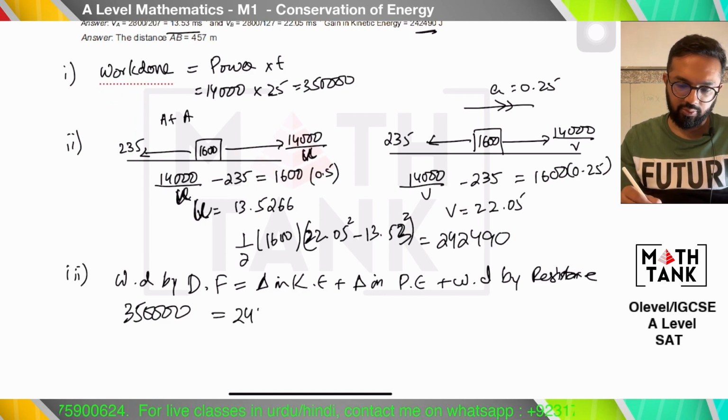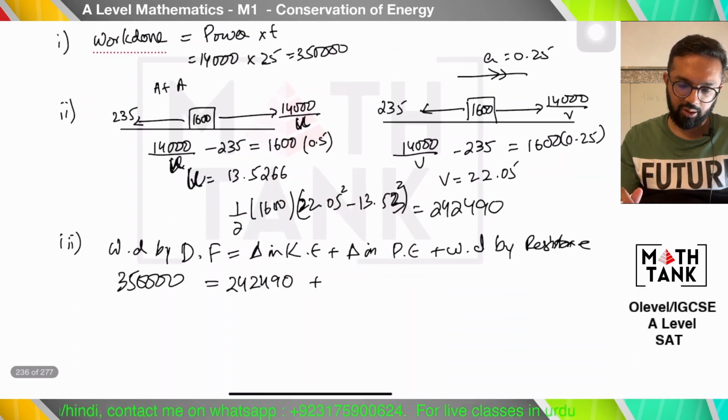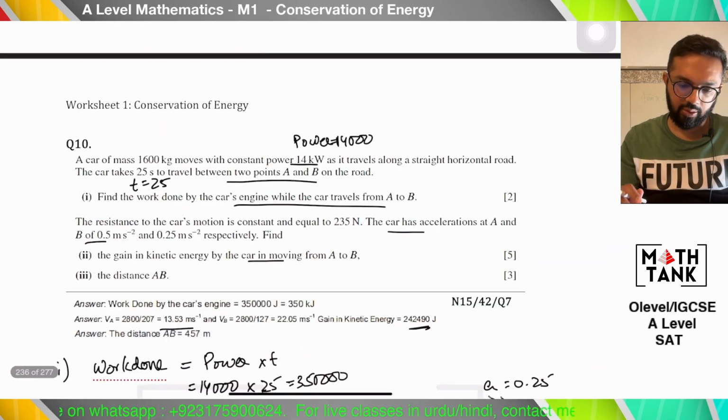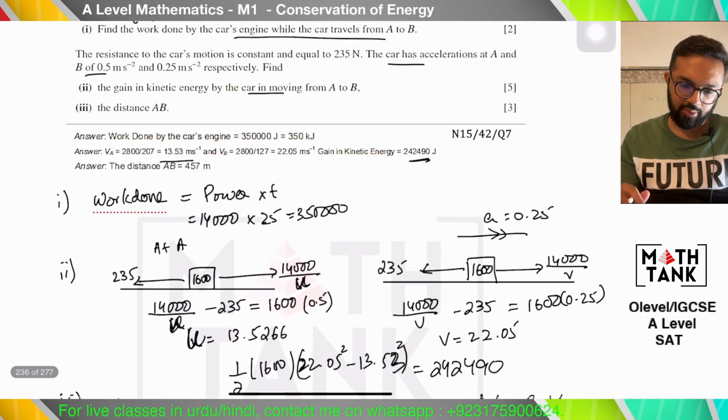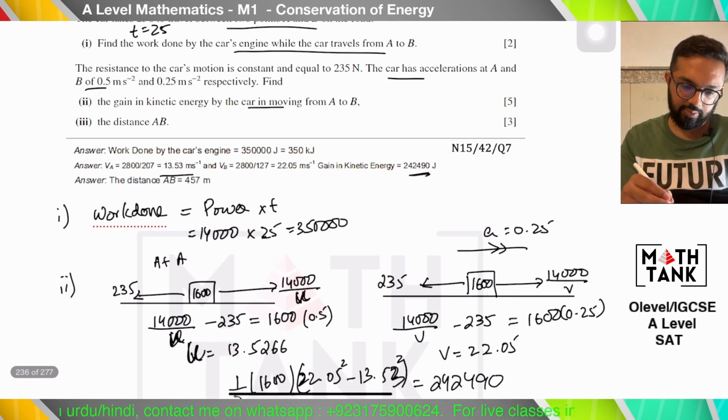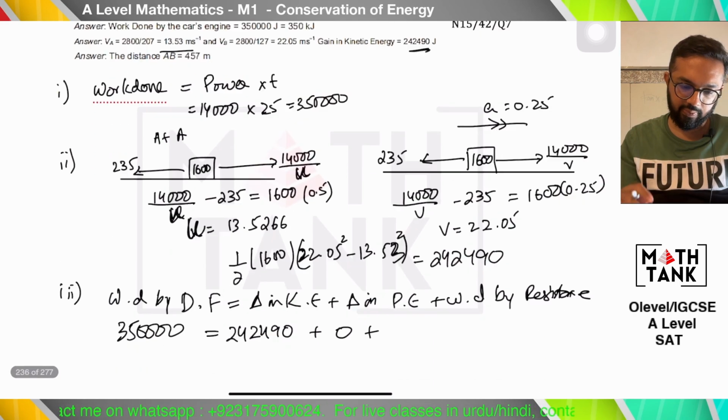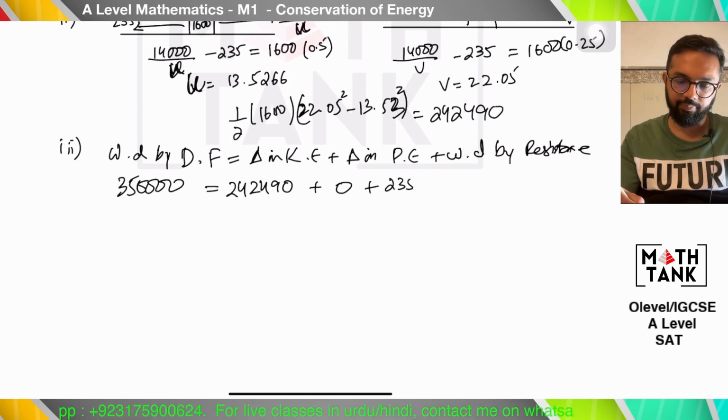The change in K is 242490. The change in PE is 0 because it's a horizontal road. And the work done by the resistance is 235 into the distance d.